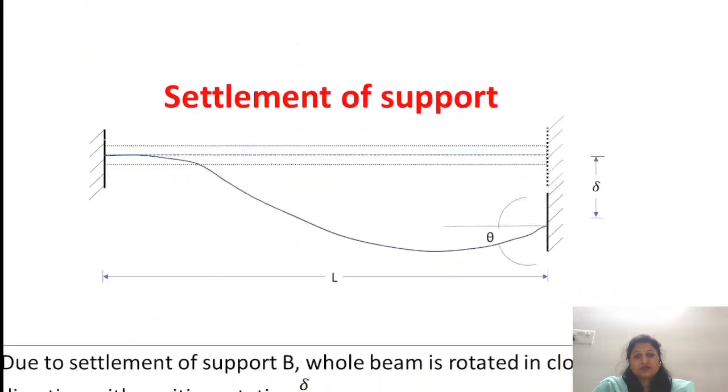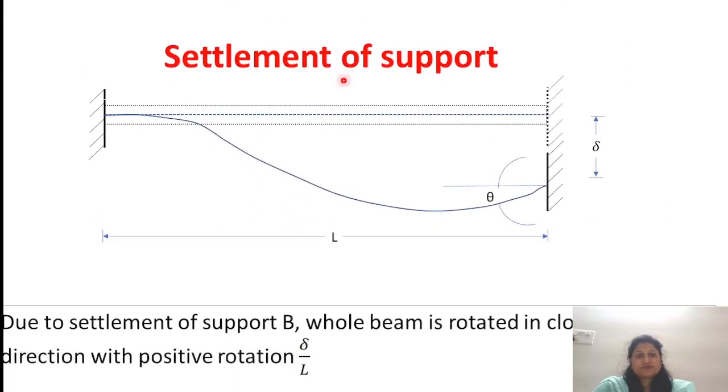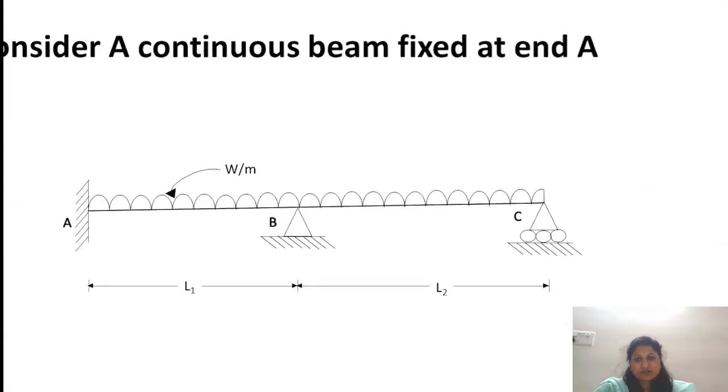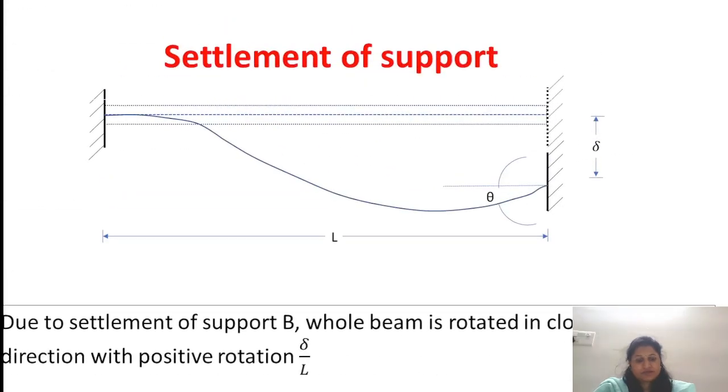Now, due to the settlement of the support, joint B is settled in the downward direction. Let delta be the settlement at joint B. Due to the settlement of support B, the whole beam is rotated in a clockwise direction, and we consider the displacement or settlement as positive.